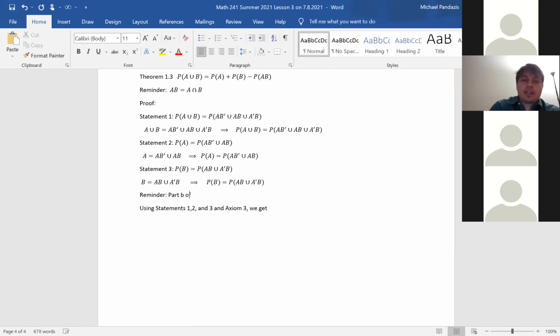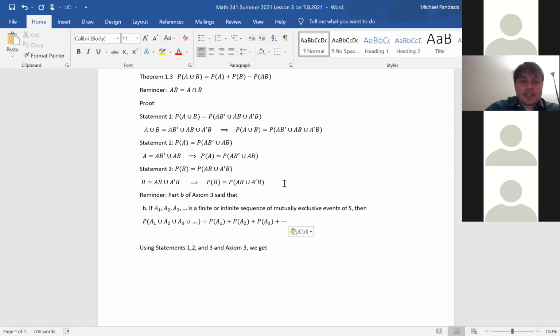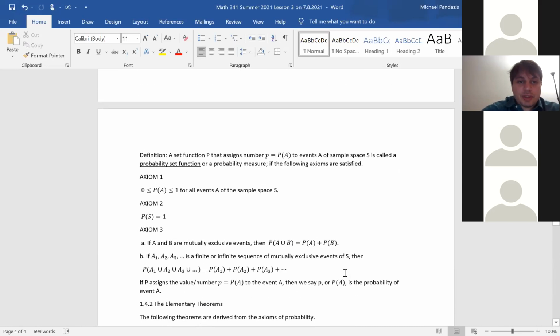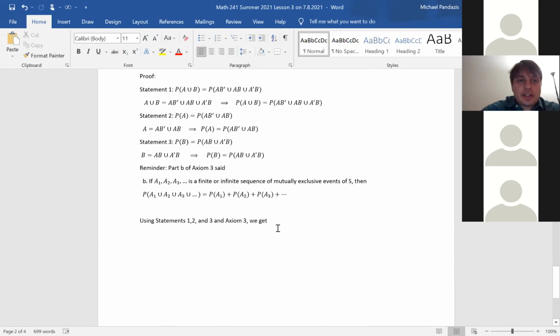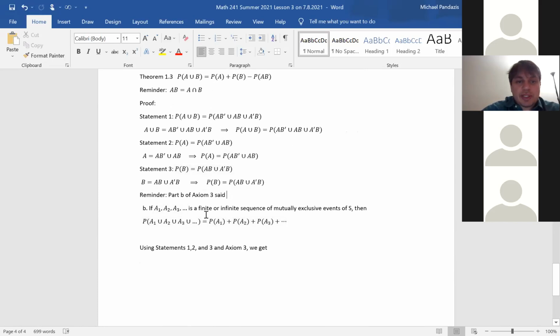Part B of axiom 3 said this. Just make sure I didn't delete it. Good, sorry. Good. Okay, so part B of axiom 3 said this. If you had a finite or infinite sequence of mutually exclusive events of S, then P of their union is the sum of their P's. Okay, so using statements 1, 2, 3, and part B of axiom 3, we get the following.